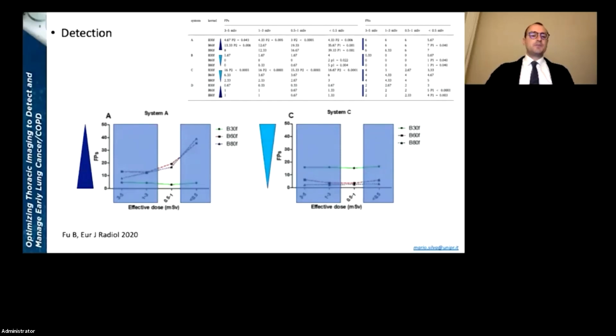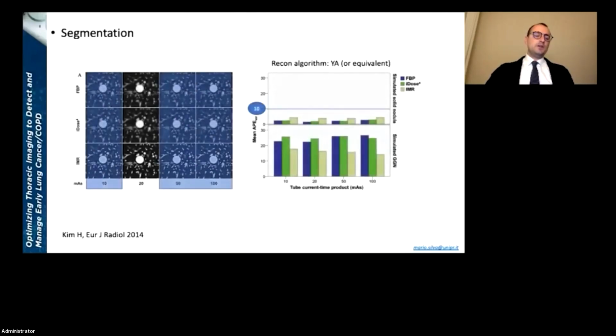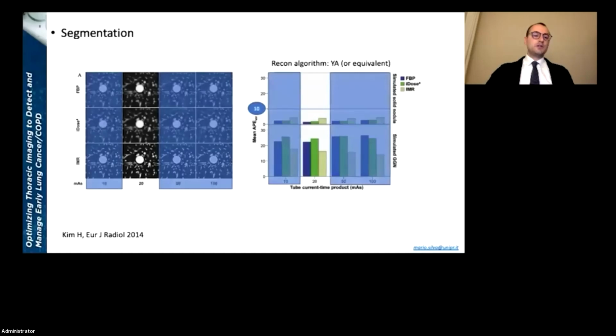Another interesting thing is that as you decrease the dose to the patient, the image quality, the signal to noise ratio, might decay. Some software shows quite a steep increase in the number of false positives. So image quality is something that you want to keep under your eye when you use software and low dose for lung cancer screening. The reconstruction algorithm is also very important for the segmentation.